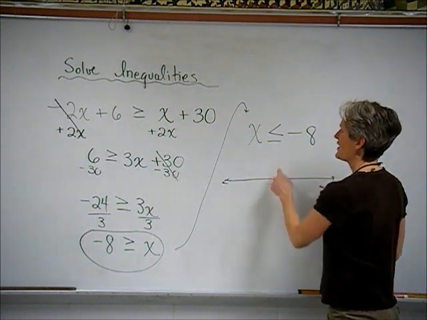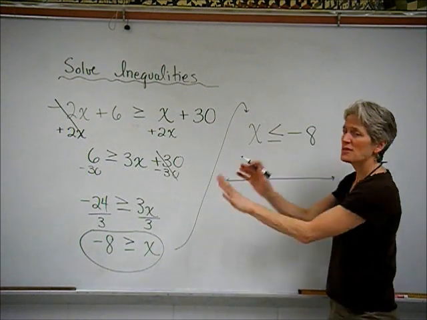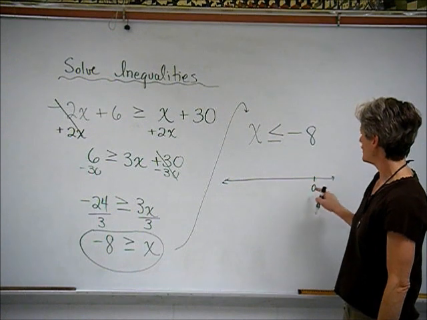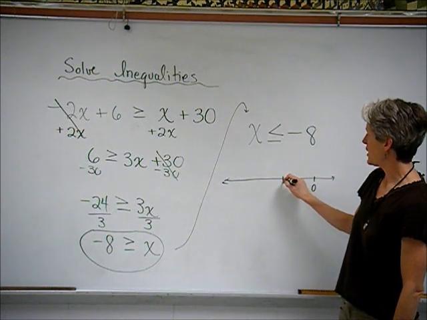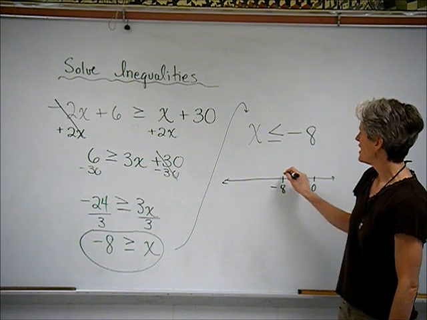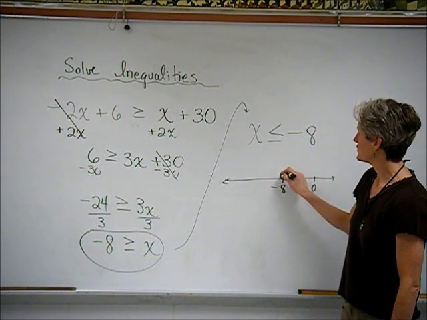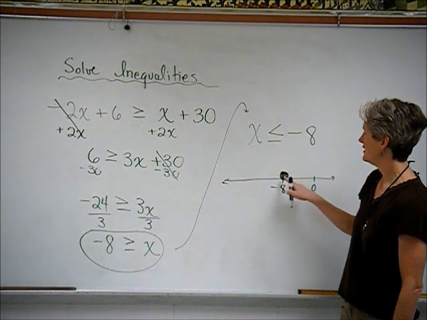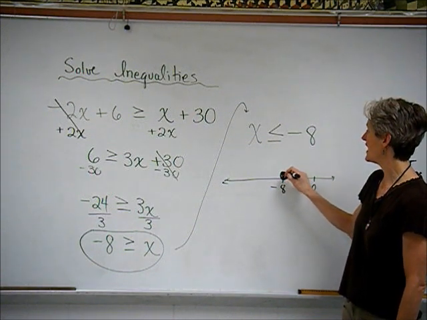So now, we usually express our solution to an inequality on a number line just to really be obvious about the fact that my x can be anything less than or equal to negative 8. So if 0 is here, negative 8 is smaller than 0, right? So let's see, it's less than or equal to. The or equal to means I fill in that circle because it can equal negative 8.